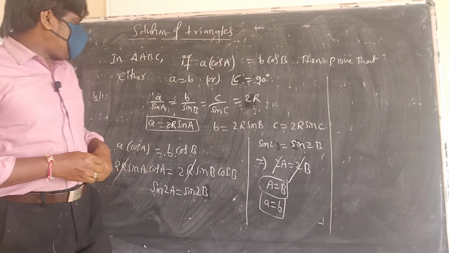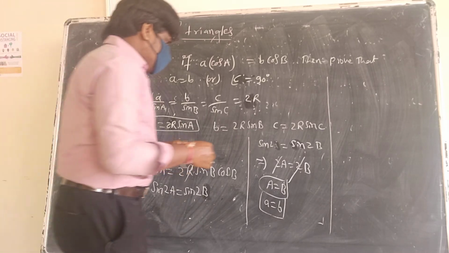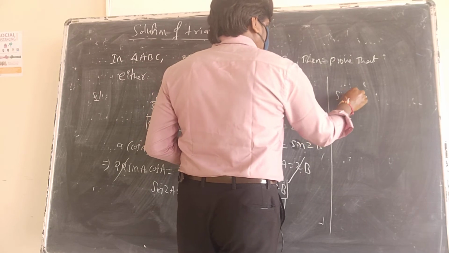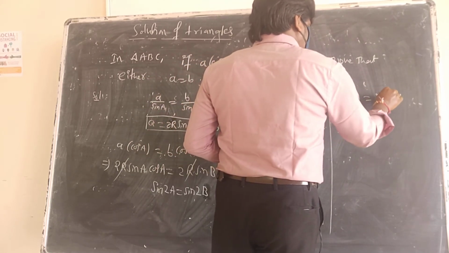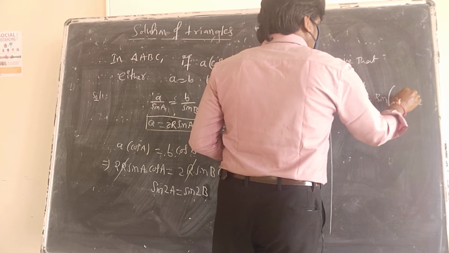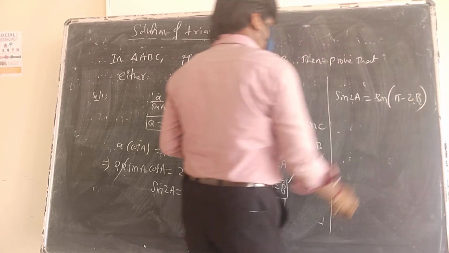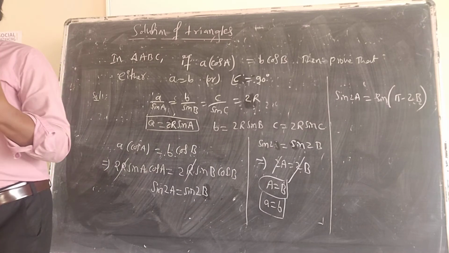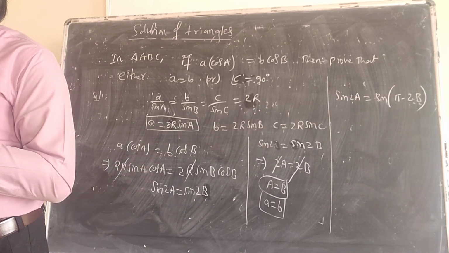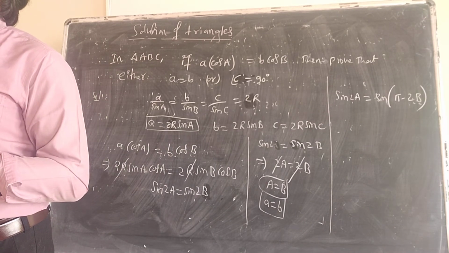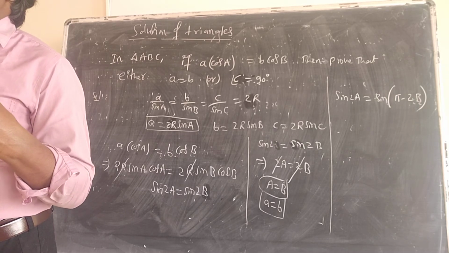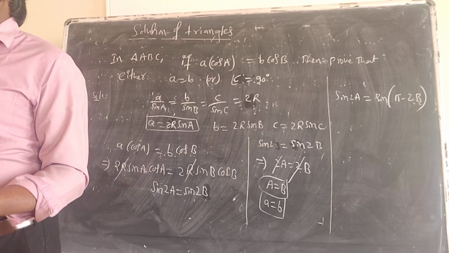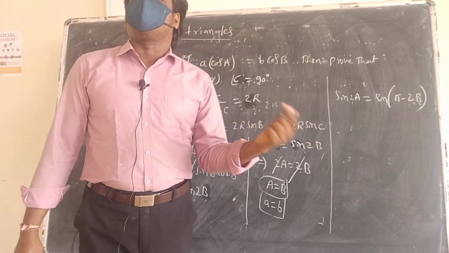Now you have another one: sine 2A is equal to, can I write this one as sine pi minus 2B, 180 minus theta? Sine 180 minus theta is what? Sine theta. So sine 2B I can write as sine 180 minus theta.